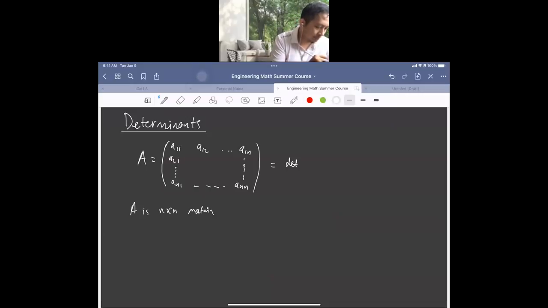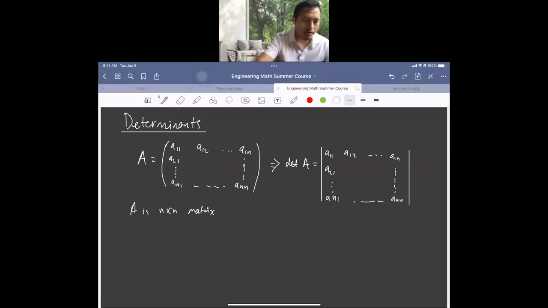So A is an n by n matrix. We can write the determinant of A using straight lines like this, with the same construction. So we can write the symbols like that for the determinant.